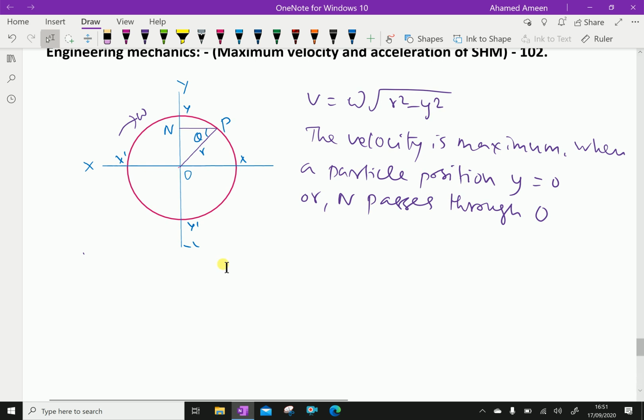Therefore maximum velocity V max equals omega square root of r squared minus 0 squared, which equals omega r, because the square root of r squared is r only.